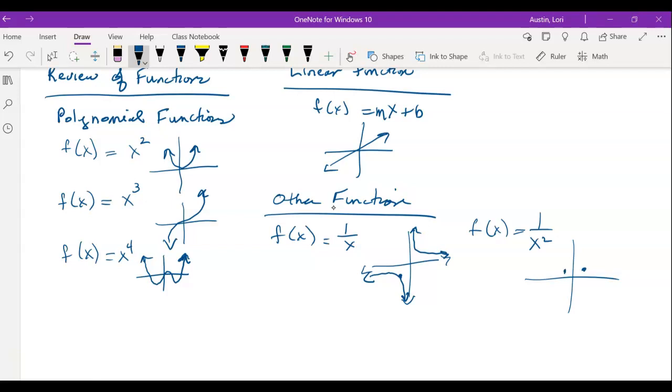So 2 now becomes, it's still a fraction, but it's a smaller fraction, right? It becomes 1/4. So it's still going to have essentially the same shape. It just is going to kind of get closer quicker. Does that make sense? And now it's going to do the same thing on the positive. So it's going to look something like that. So there's your graph of 1/x². Okay.